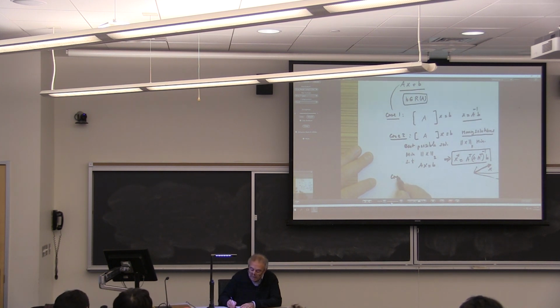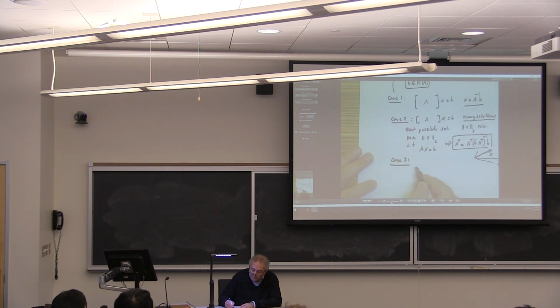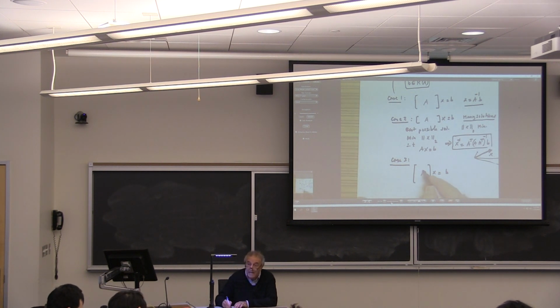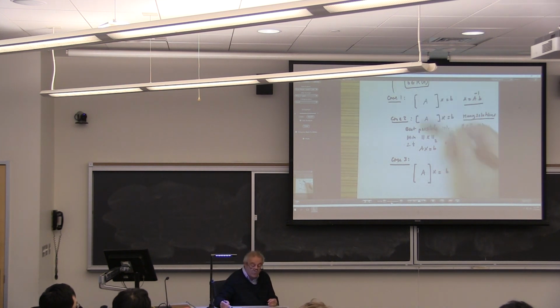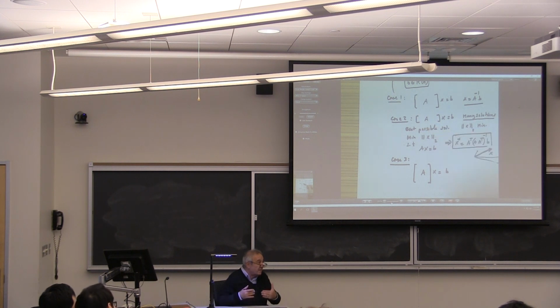Case number 3 is a tall matrix. Again, if B is an element of the range space of this matrix A, you have a solution. You may get some redundant equations; get rid of them, and it can be reduced to one of the previous two cases, either a square or a fat matrix.